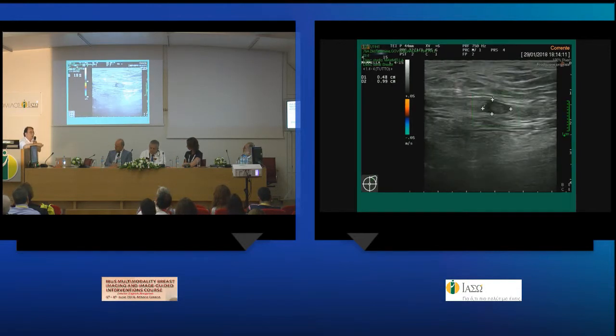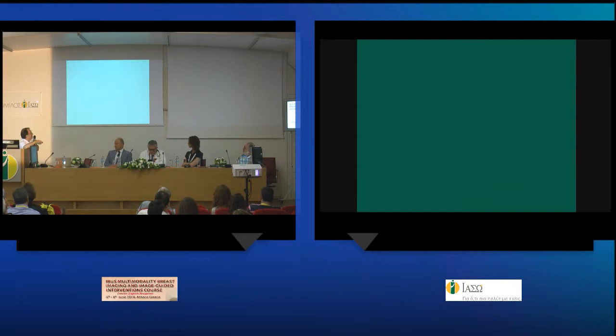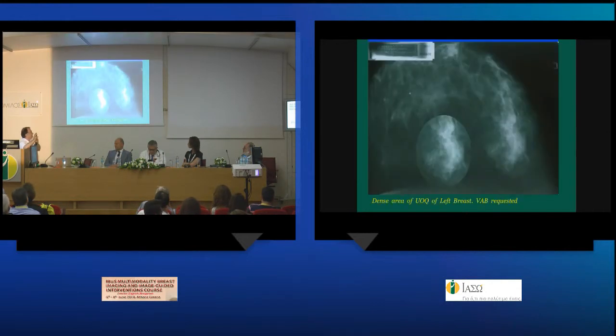So it means that surgery was not appropriate, because after 11 months it's not a recurrence, it's a residual tumor because of inadequate surgery. It's a lymph node, and it's the inferior outer quadrant at 4 o'clock, where we made a reconstruction 6 years in advance. I stop here.